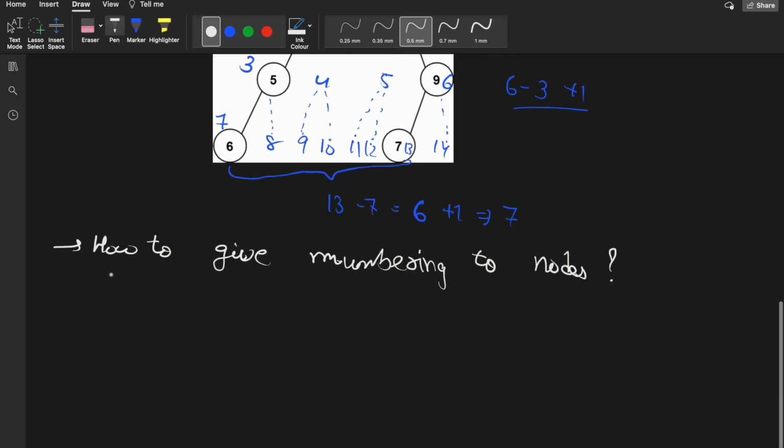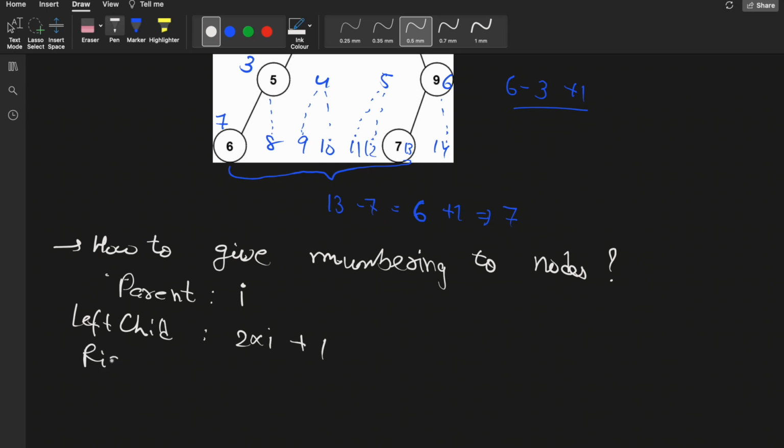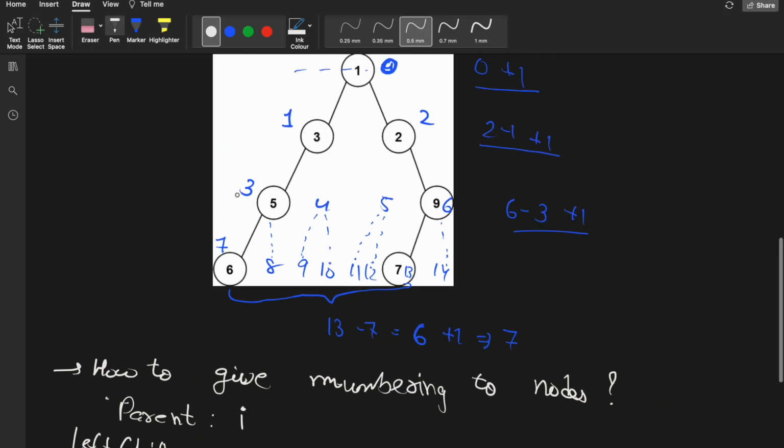Yes, there is one formula for this. If the parent index, or number, is I, then for its left child the number would be 2 into I plus 1, and the right child would be 2 into I plus 2. You can verify here.